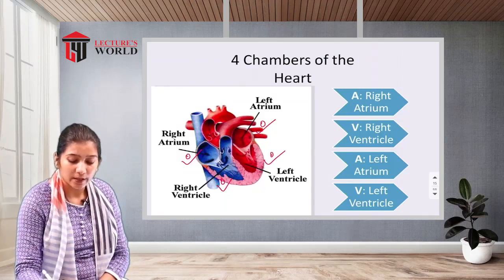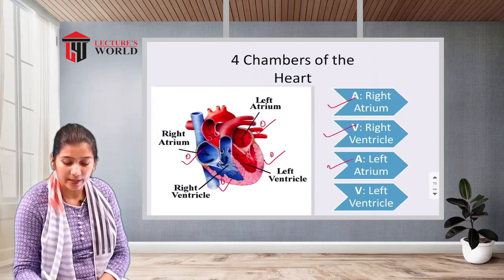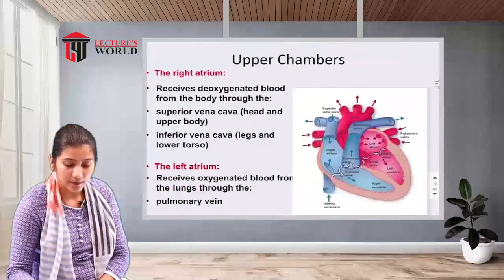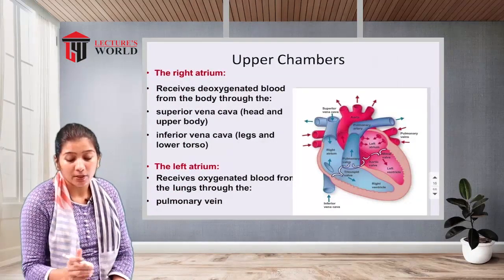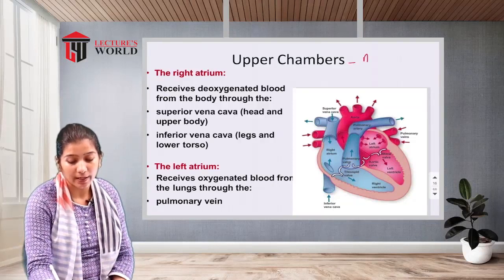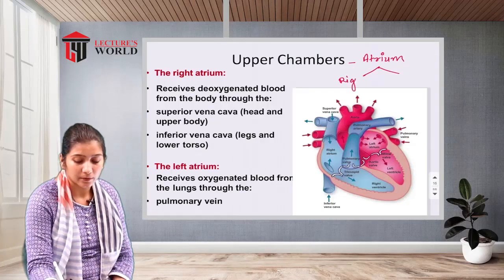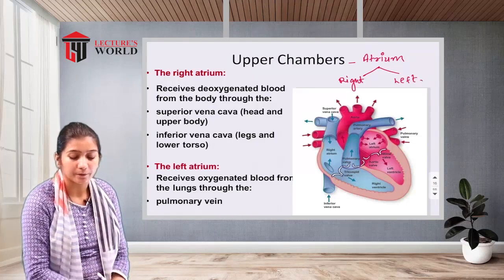So you can see over here, right atrium, right ventricle, left atrium and left ventricle. First we will talk about the two upper chambers, known as the atria. There are two atria, the right atrium and the left atrium.